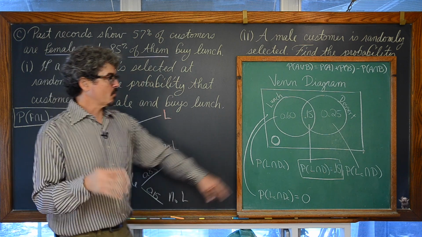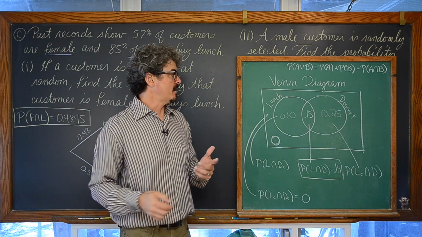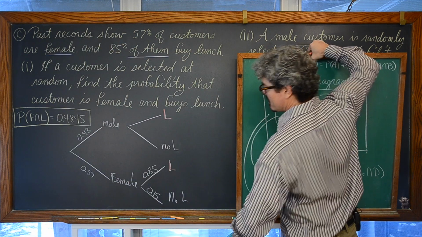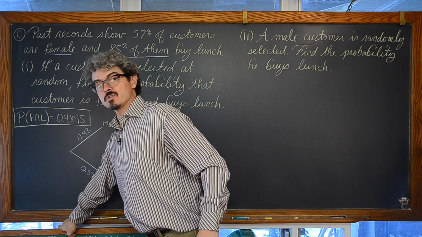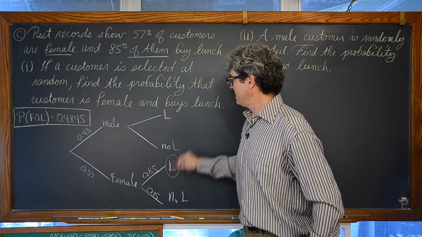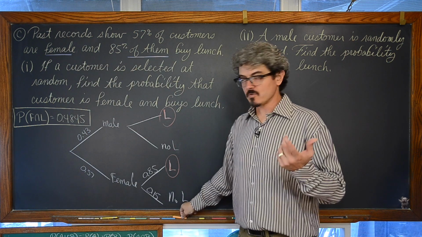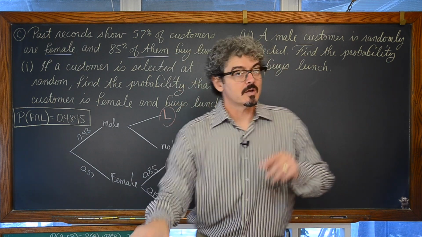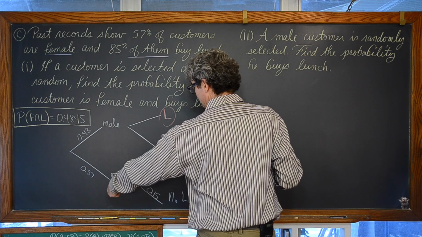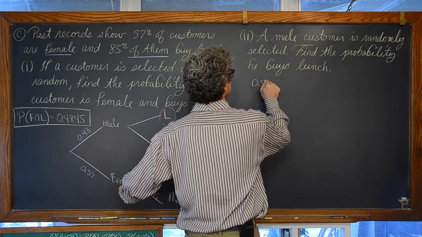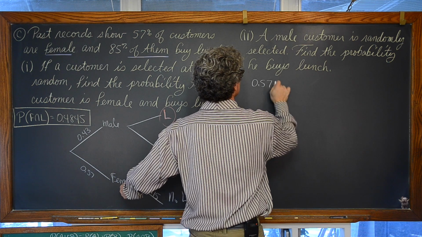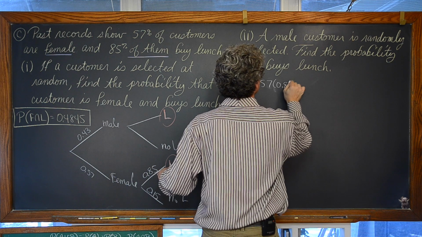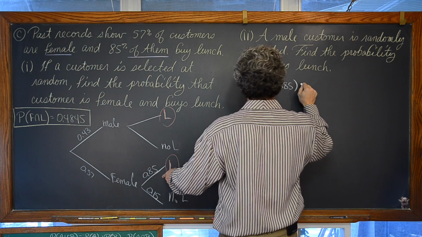Since we know the total probability has to be 0.75, all we have to do is make sure that the 2 branches that end with someone buying lunch, regardless of their gender, add up to 0.75. So here we go. We have the females coming in and buying lunch. We already know that answer, but I'm writing it out anyway.